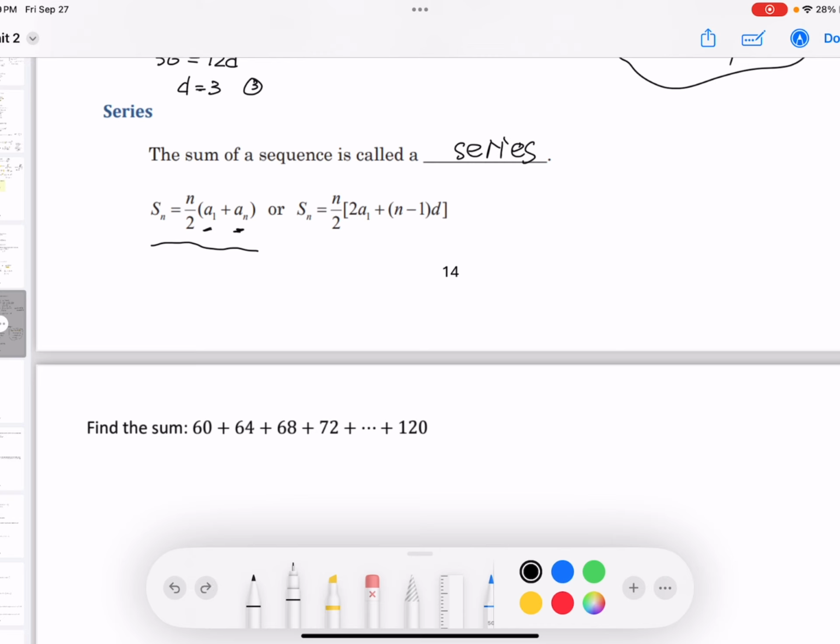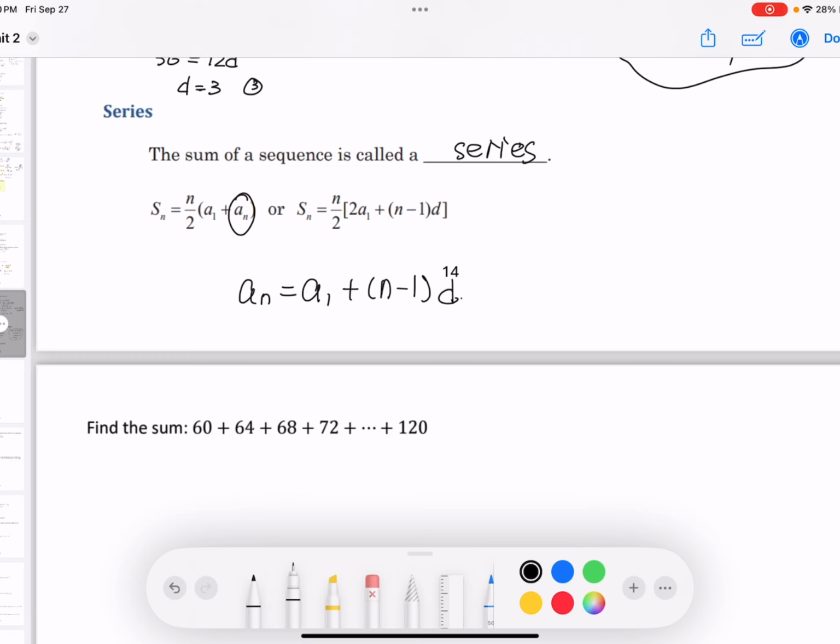So they are the same expressions because I know that a sub n is equal to a sub 1 plus n minus 1 times d.